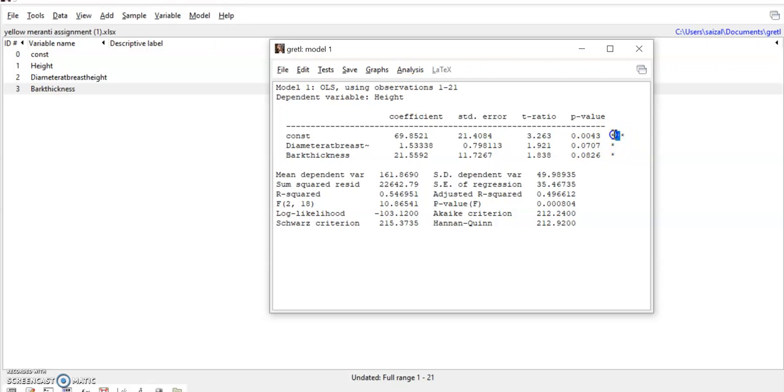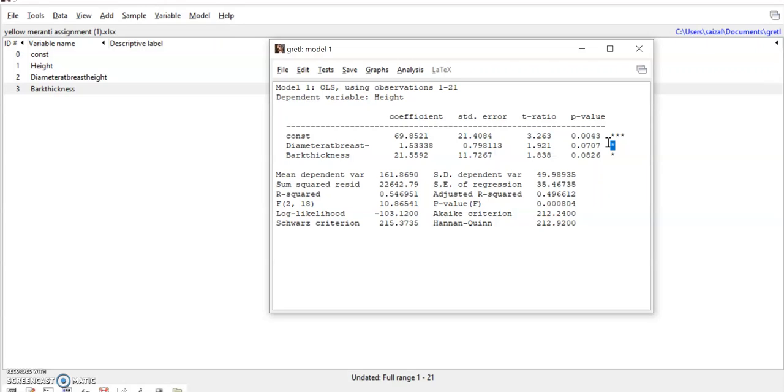If you have 2 stars, on the other hand, it means that the variable is significant in explaining the dependent variable at 5% significance level. For both the diameter and bark thickness, we have 1 star for each of them. It means that the diameter of the tree is significant in explaining the height of Yellow Meranti at 10% significance level.